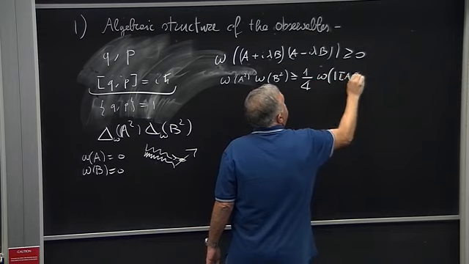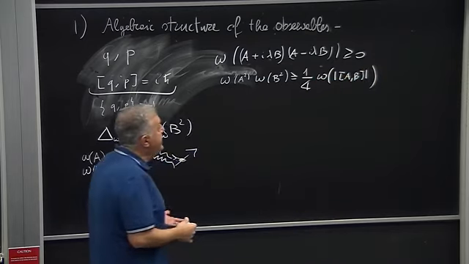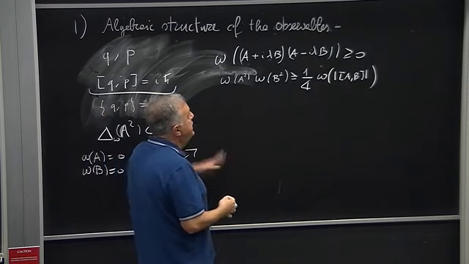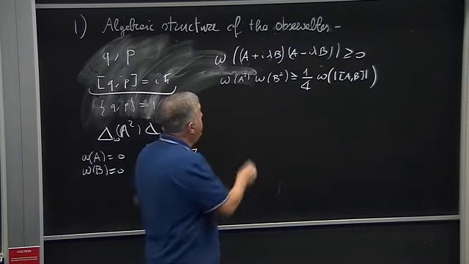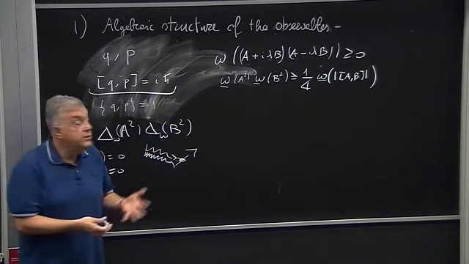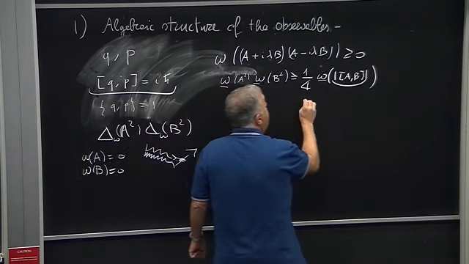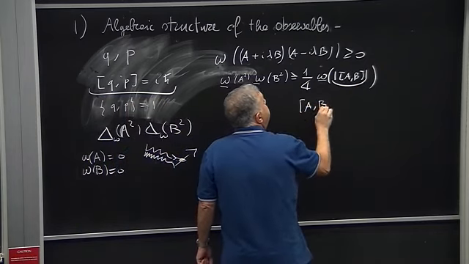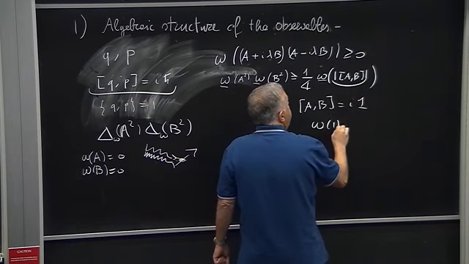Here you see the commutator appearing. But the analysis of Heisenberg shows that this relation cannot depend on the state. Omega is the state in which you are doing your measurements. If it cannot depend on the state, it has to be that the commutator of A and B is a multiple of the identity, because omega of 1, you remember, is 1.